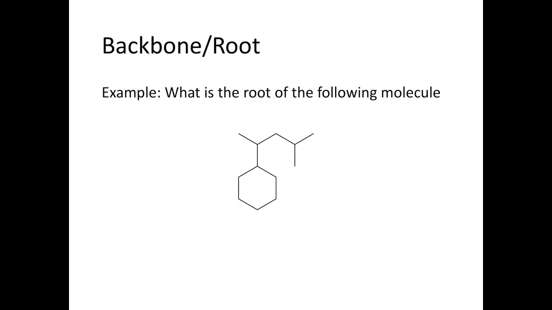So what is the longest chain or ring in this molecule? So if we look at the longest chain, it's 5 carbons long. If we look at the longest ring, it's 6 carbons long. This hexagon actually has more carbons than the chain. So therefore, the ring is the root. So the root of this molecule is cyclohexane.